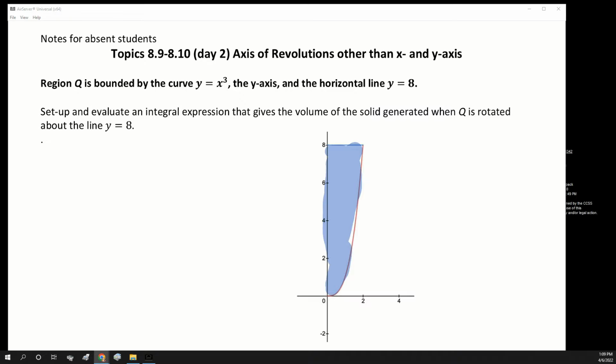So y equals 8 is up here. That is our axis of revolution. Okay, in the previous lesson, I'm going to go through it the same way.